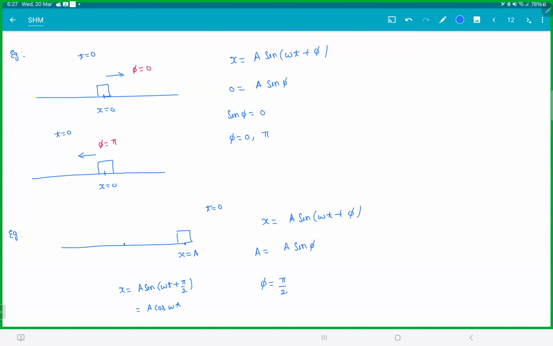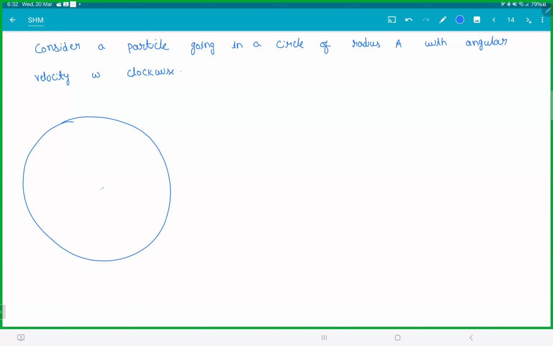Clockwise. We will take it as clockwise. If you will observe something here, say. So if you take this particle here, take this as x-axis, take this as y-axis. So consider a particle here of radius a and let this angle be phi here at t is equal to 0.